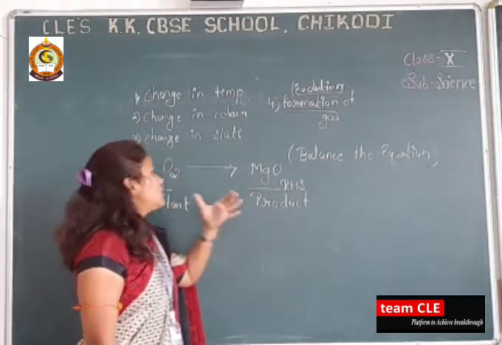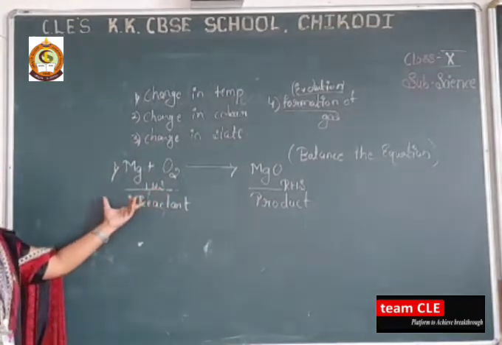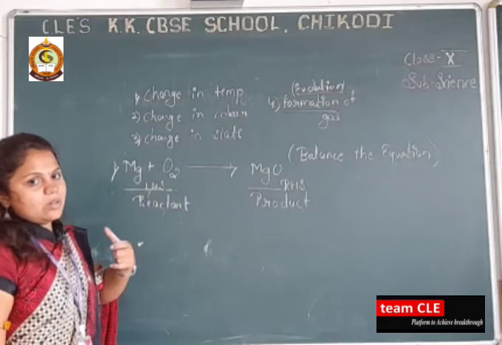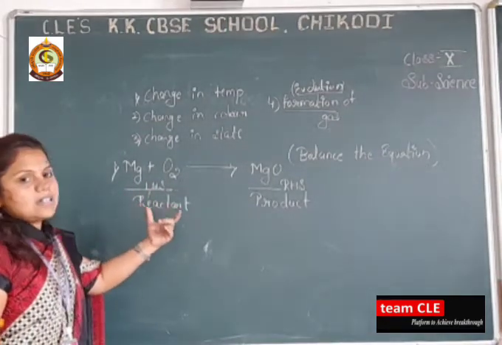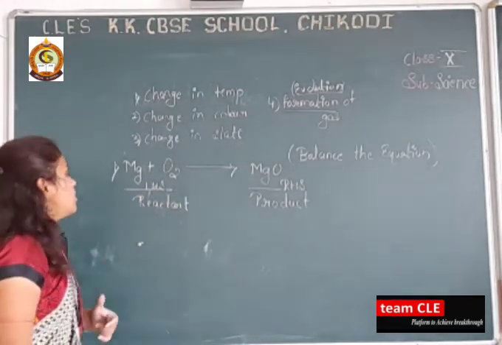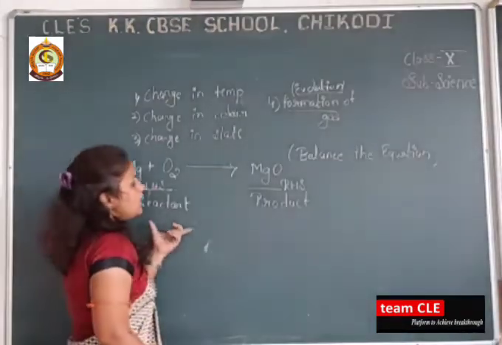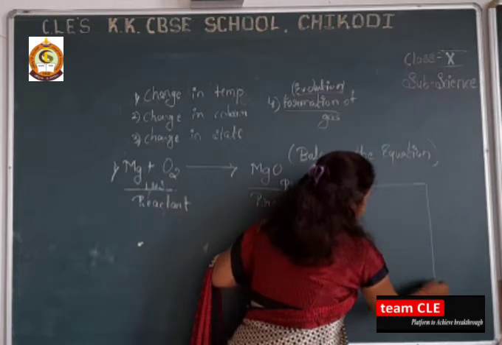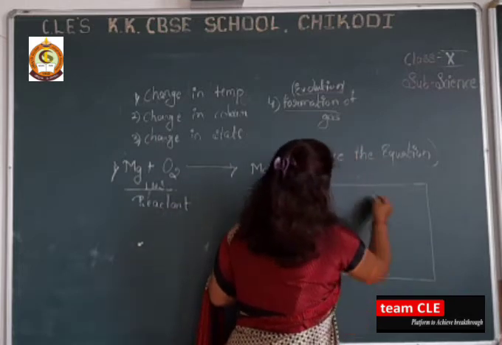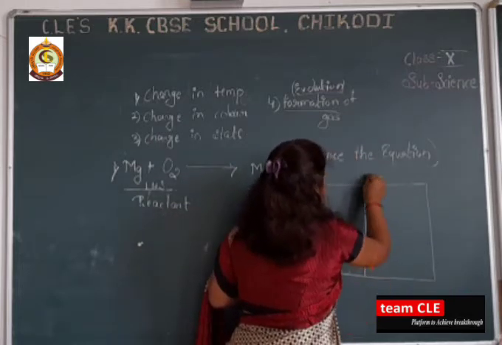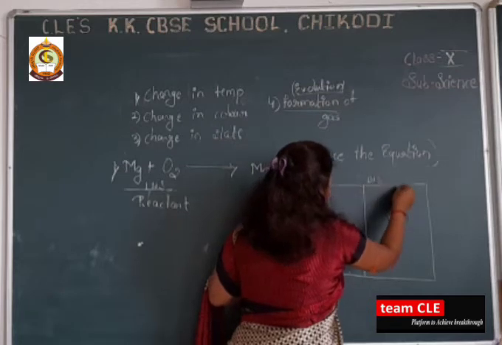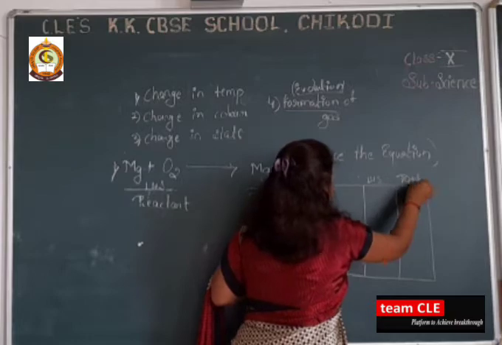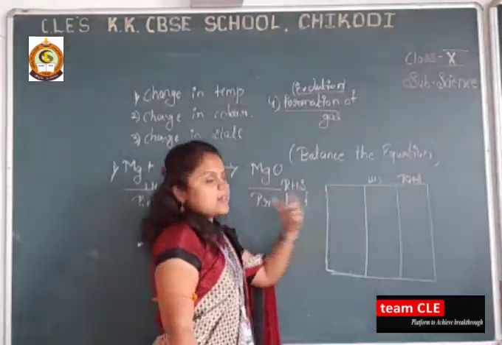Now you have to check the number of atoms present in the chemical equation. Let's discuss how we have to check. We prepare a column and write the LHS side and the RHS side.